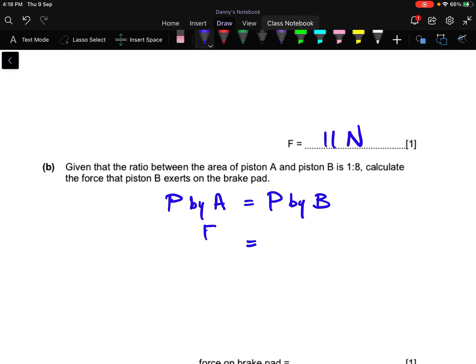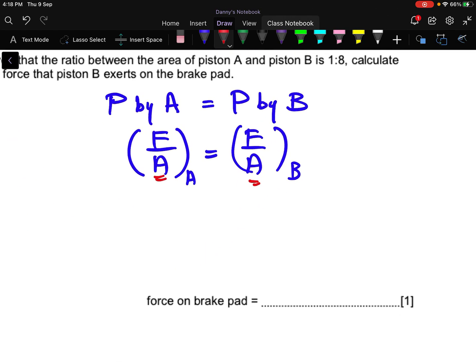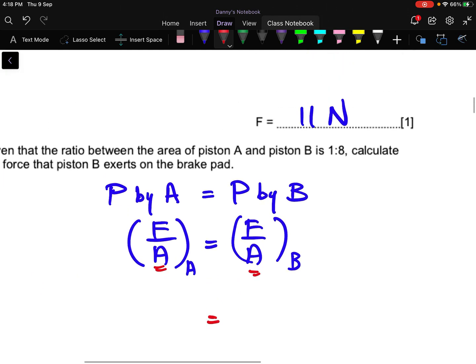Once you have that, pressure is given by F over A. Here is also F over A, but this F will be the F acting on A. This F will be the F acting on B. Similarly, for the area, here will be the area of A, and down here will be the area for B. So once you have that, it is then quite straightforward.